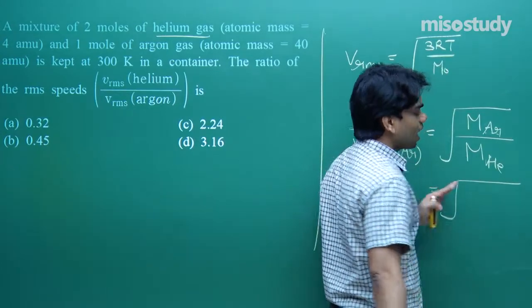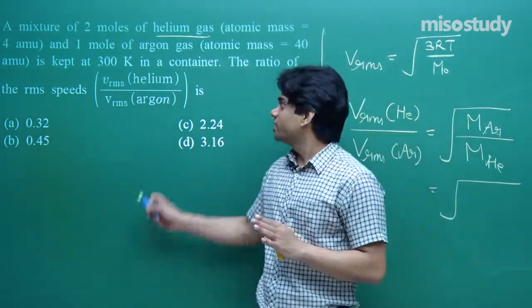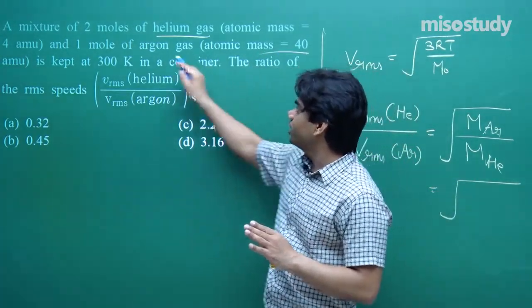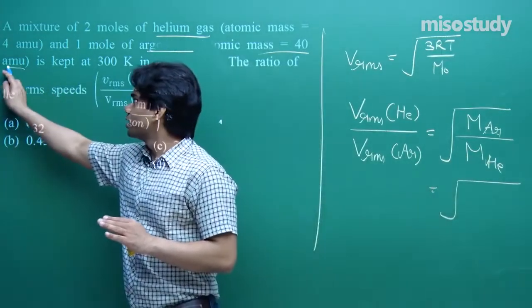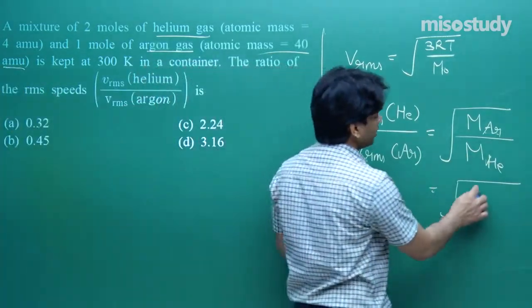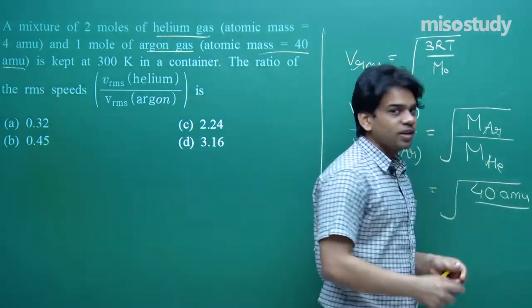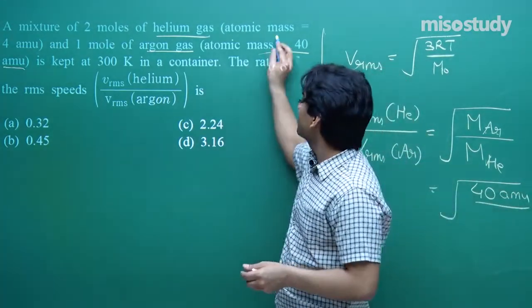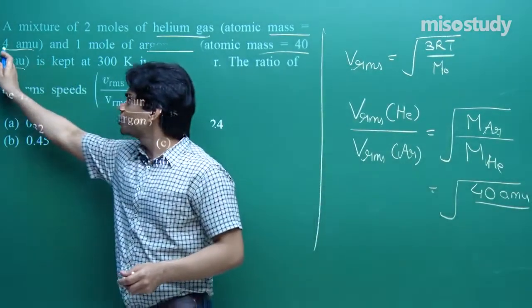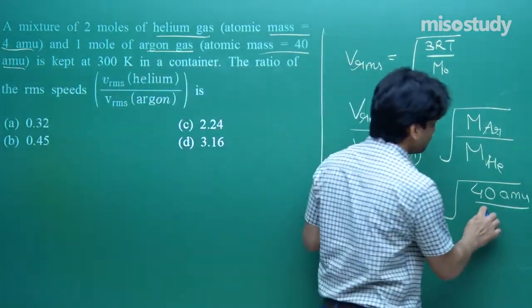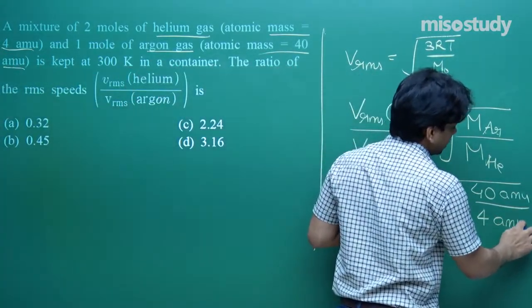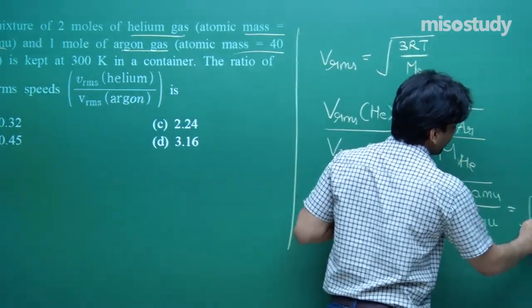Under root, molecular mass of argon is given as 40, atomic mass 40 atomic mass unit. So place here 40 divided by molecular mass of helium. Helium molecular mass is given as 4 atomic mass unit. Substitute its value as 4. Clearly you will obtain this as under root 10.